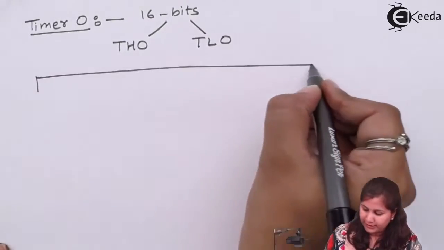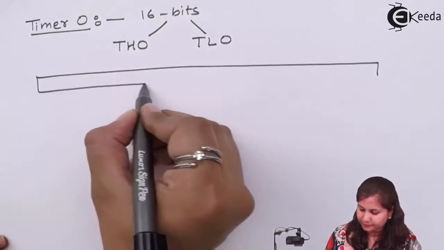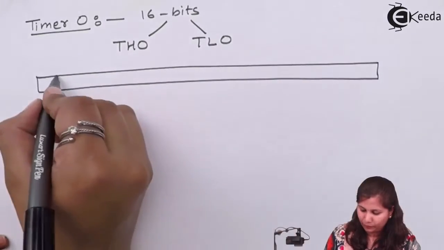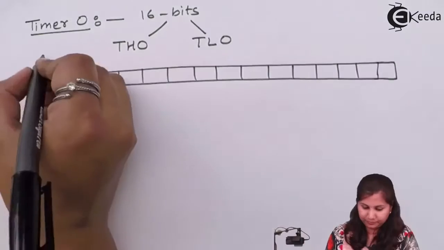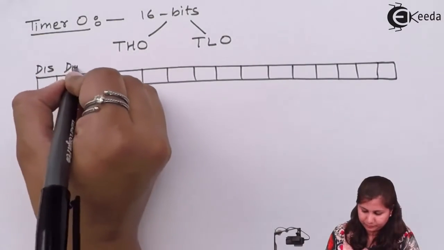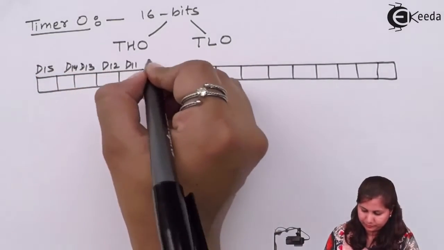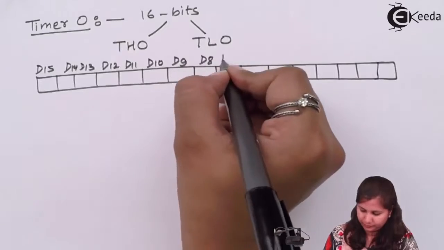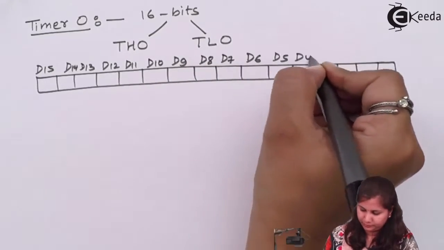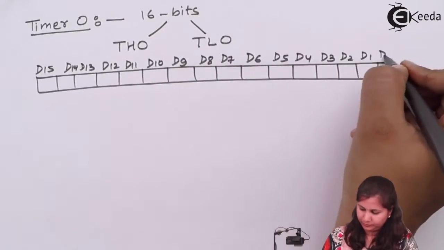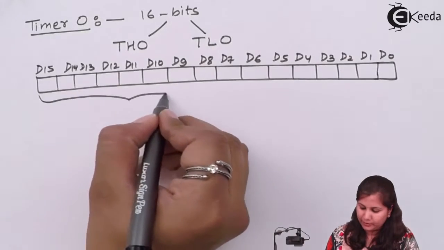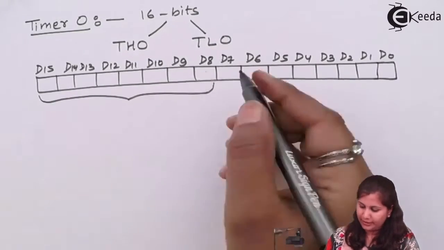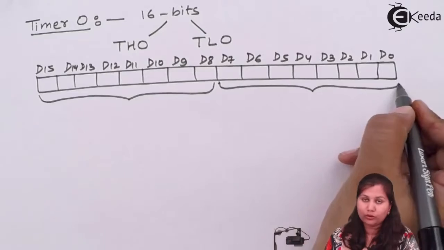Now if this is the 16-bit register, out of these 16 bits, we have 8 bits for the higher and 8 bits for the lower.